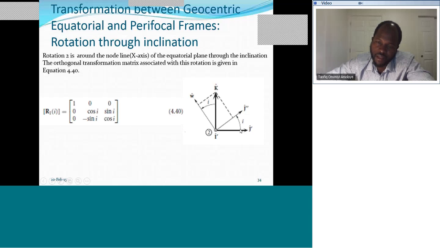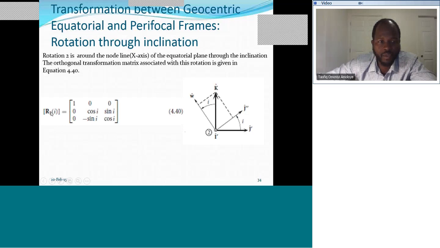So by the time we move from J prime to J prime prime, the vector would have moved from K to K prime, and we are just going to use the direction cosine matrix for rotation that we got before.